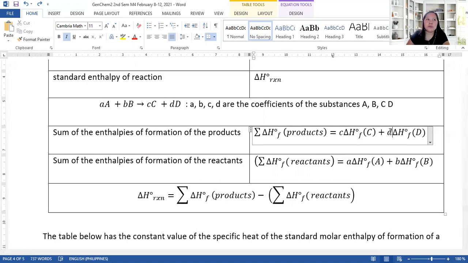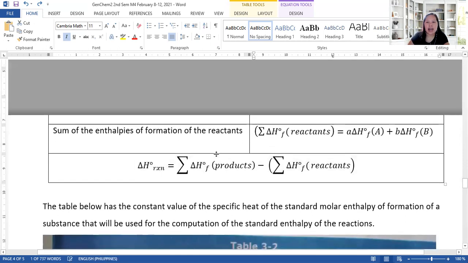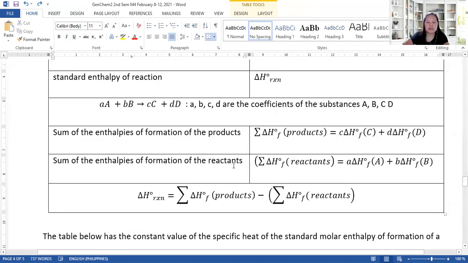If you see that a compound has no coefficient, it is equivalent to number one. You don't have to put the number one because it's automatic. And then you put here the name of that compound. It's the same thing with the reactants: the sum of the enthalpies of formation of the reactants.